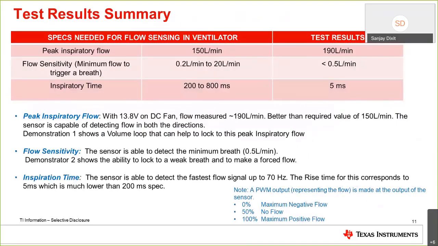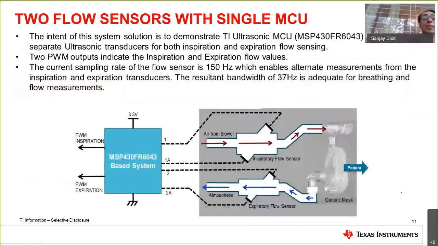As I mentioned before, the summary of the specs is that we could get a peak inspiratory flow of 150 liters per minute, with very good flow sensitivity. We can detect the lightest breath. The inspiration time is between 200 and 800 milliseconds, and we can detect an inspiratory time as short as 5 milliseconds. This is very interesting because there are applications where you have two flow sensors in a system.